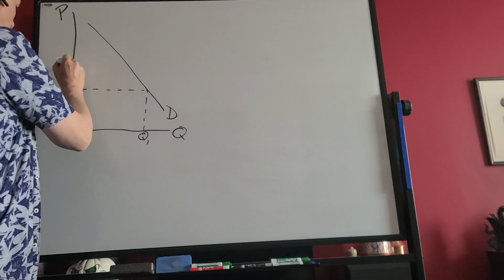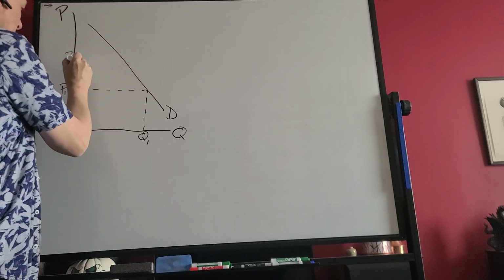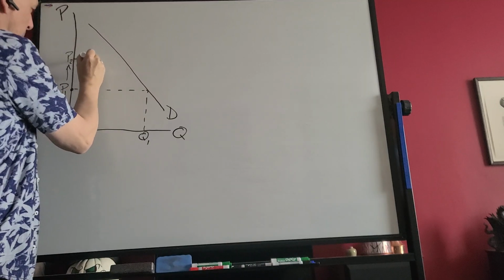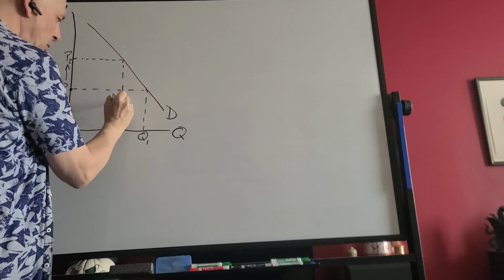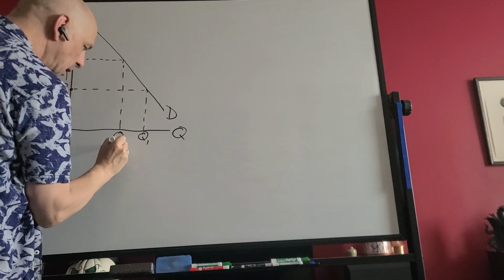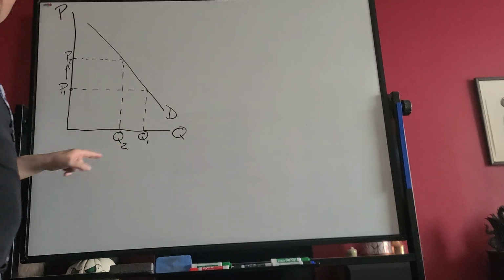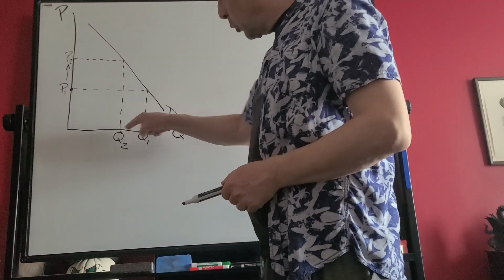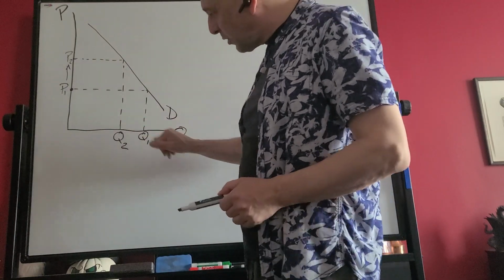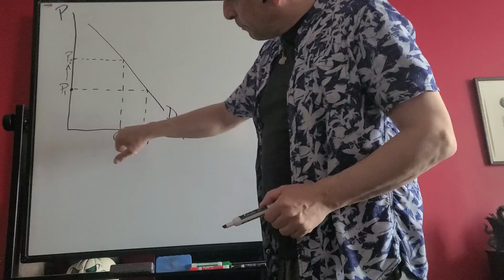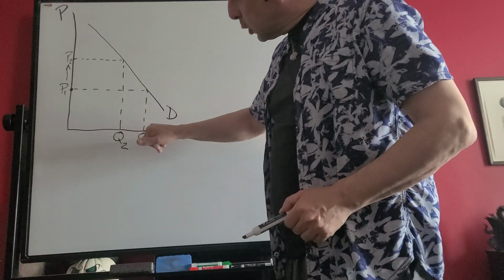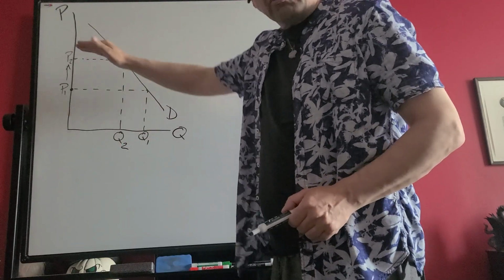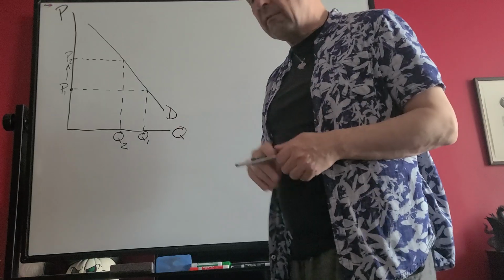If our price goes up, if nothing else happens except our price going up, we just go to our curve, and we see Q2. So we see a change in the quantity demanded, a movement along the curve, which results in the second quantity being lower than the first because the price has gone up. So we've demonstrated this inverse relationship.